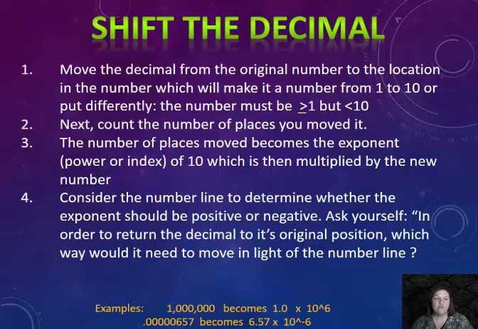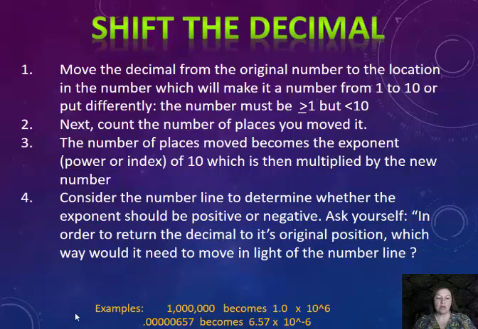So the first step is to move the decimal from the original number to the location which will make it a number from 1 to 10. Put differently, the number must be greater than or equal to 1 but less than 10.